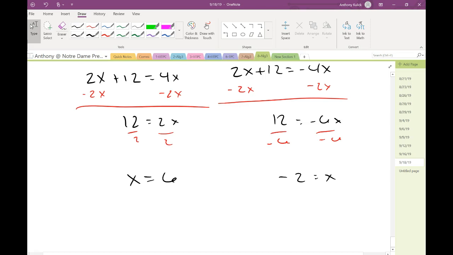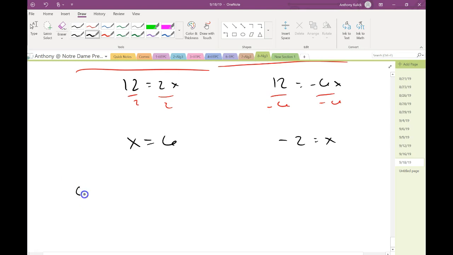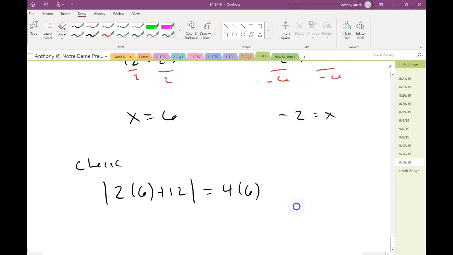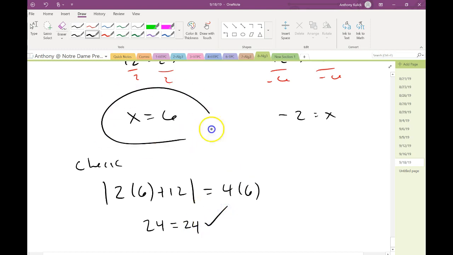So nothing strange has happened yet, right? If I go to check now, 2 times 6 plus 12 equals 4 times 6. 2 times 6 is 12. 12 plus 12 is 24. The absolute value of 24 is 24, and 4 times 6 is also 24, so that answer worked.